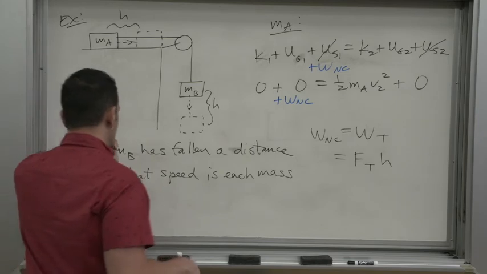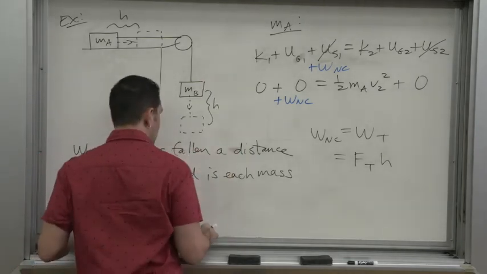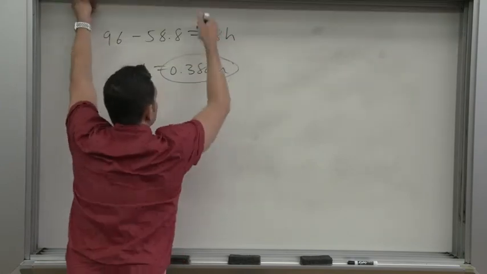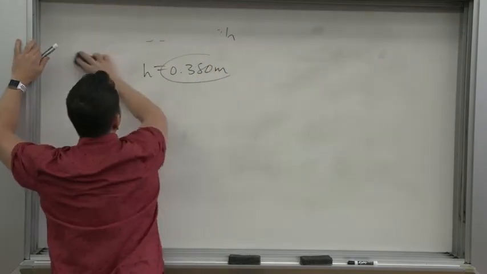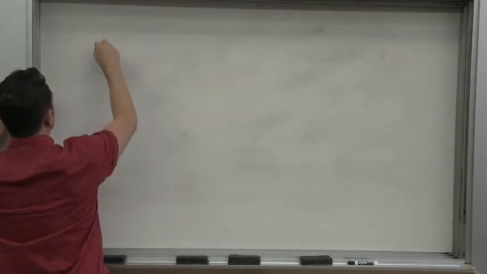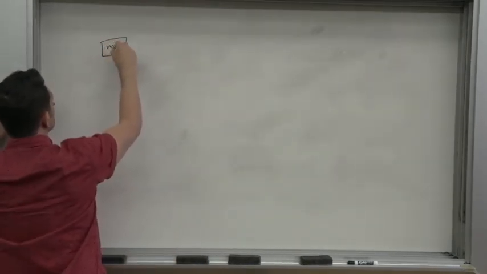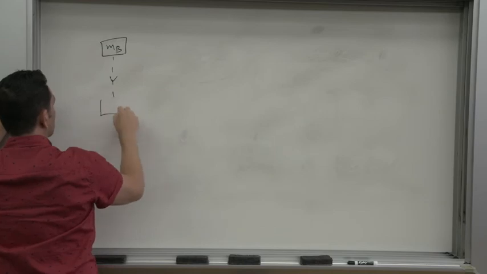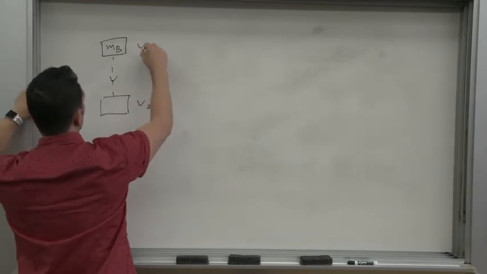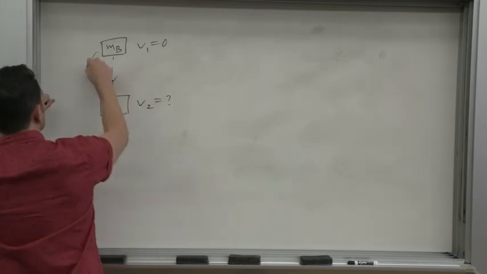Okay. Now, this guy over here, MB, starts up here, goes down here. V2, we don't know. V1 is equal to 0.